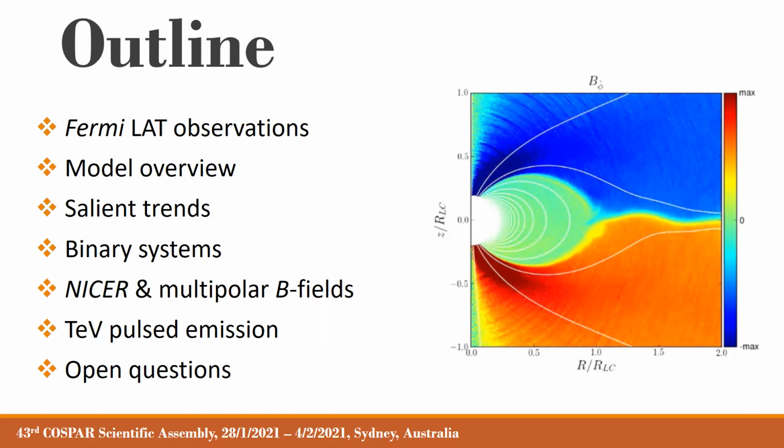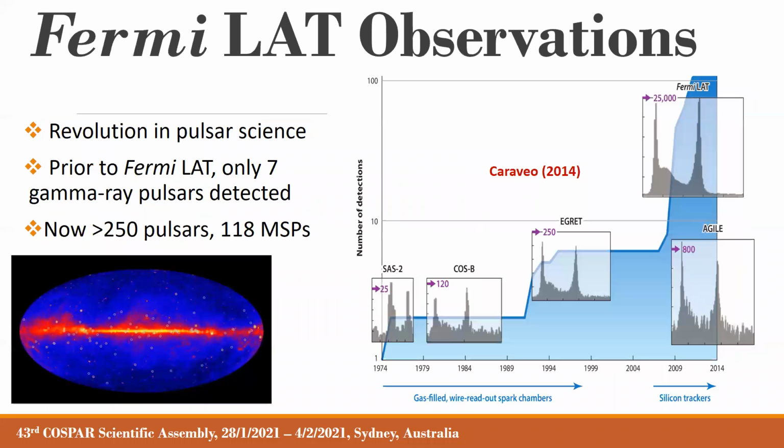And then I will talk about binary systems, so-called spiders, redbacks, and black widows. And I will also touch on NICER and multipolar B fields, but not too much because I know there's a talk by Bogdanov and other people, I think Ray, that also will touch on this. And then I will also touch on TeV pulsed emission from pulsars, a relatively new development in our field. And I will end off with some open questions.